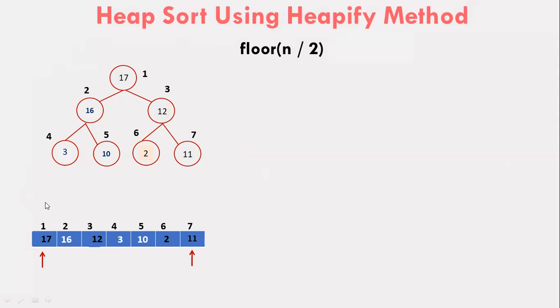So here the 17 will get deleted and this root position will be replaced with 11. So 11 will go here and 17 will come here. Next, we are going to reduce the size of the tree, that is, instead of having 7 nodes, it will have 6 nodes.